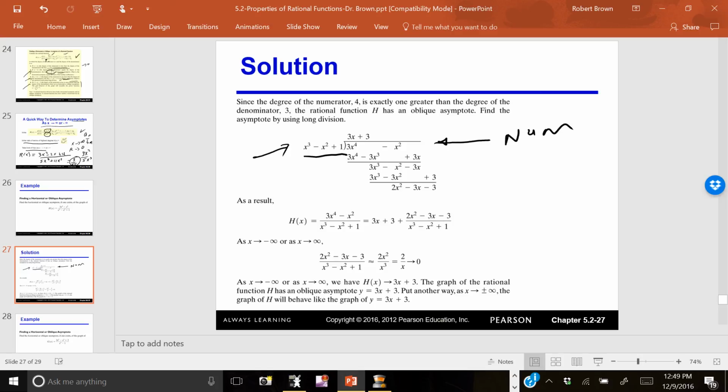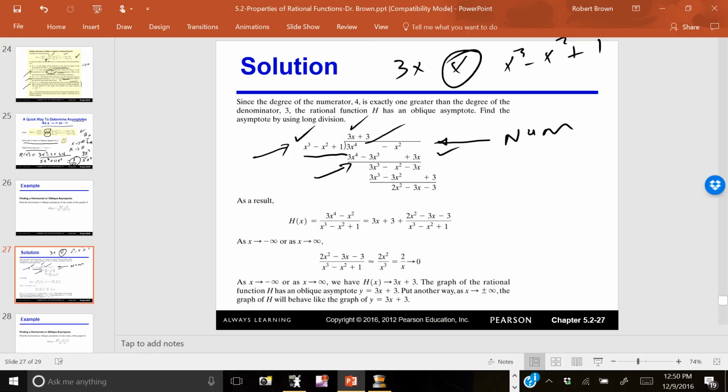And you need to leave a place for x cubed. So you write it like this, and then take x cubed and divide it into 3x to the fourth, and you get 3x. Then multiply 3x times your x cubed minus x squared plus 1, and you get 3x to the fourth minus 3x squared plus 3x.